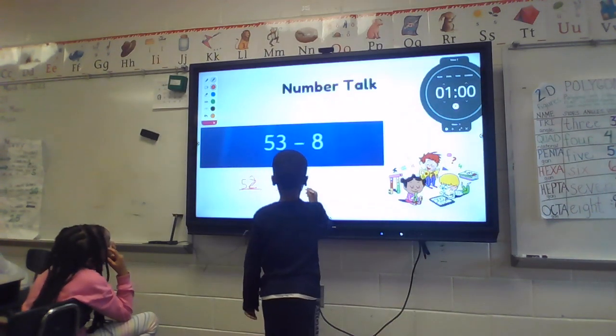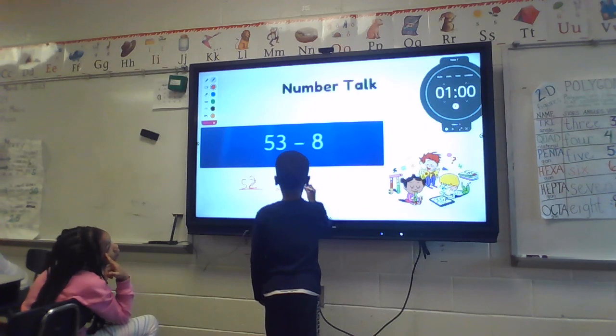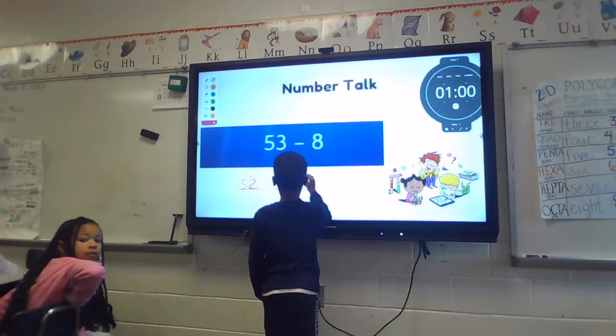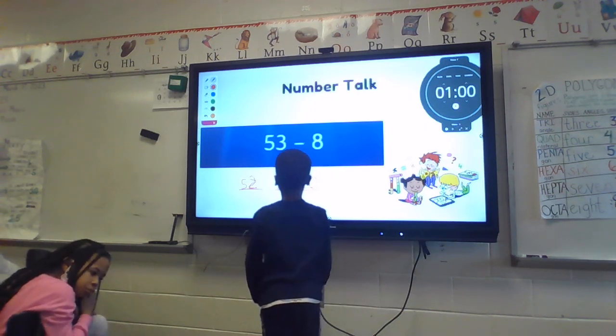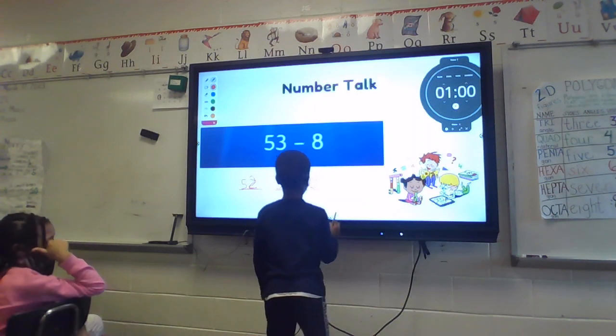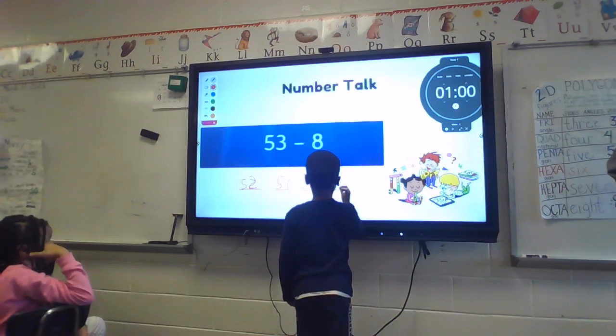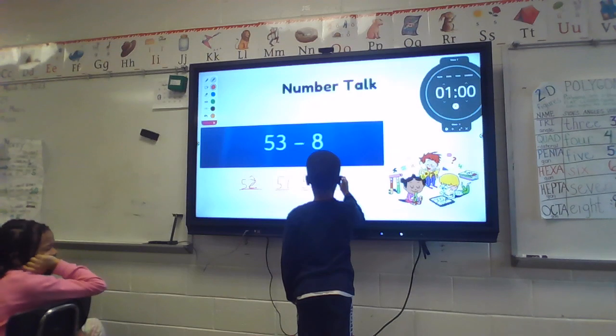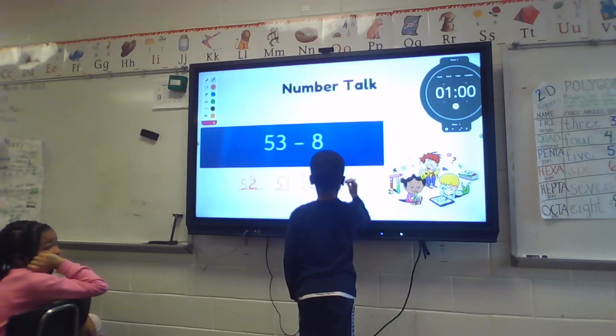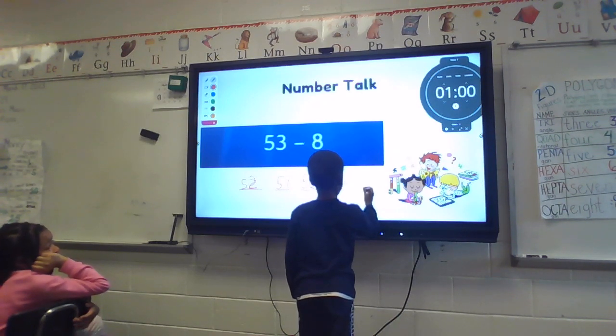So Nathan's method today is counting backwards from 53. And all he's going to do is, how many times are you going to count backwards, Nathan? 8 times, because we're subtracting what number, class? 8. We're subtracting 8. So let's see what number we end up on after we subtract 8 from 53.